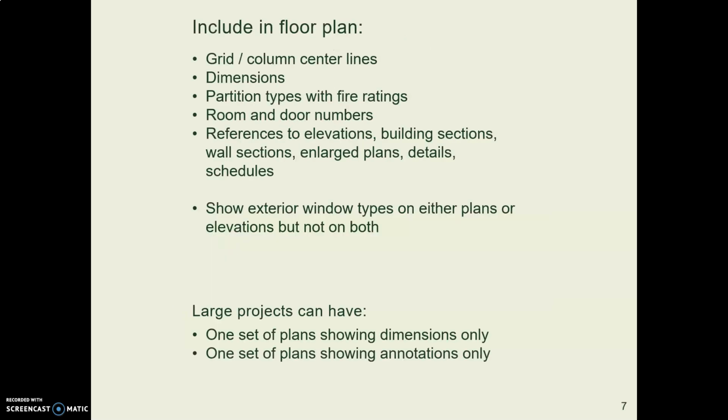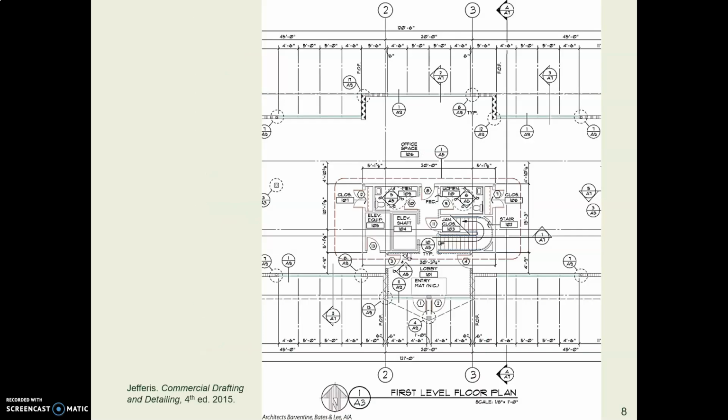So here's a little bit more about stuff that we put in a plan. Also in a plan, we have room numbers. And we'll see some of these view arrows and section arrows that tell the reader what sheet to go to find this or that.